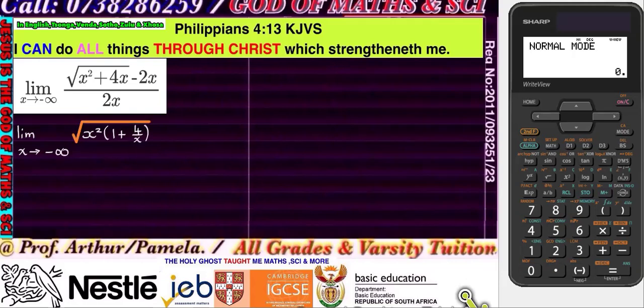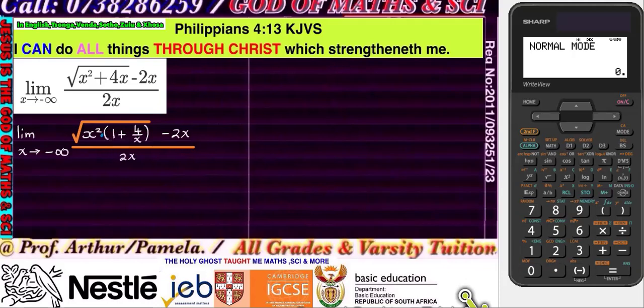All right, and then we have minus 2x, and everything is over the 2x. We've got a multiplication here in the radical, meaning the x squared is multiplying that.